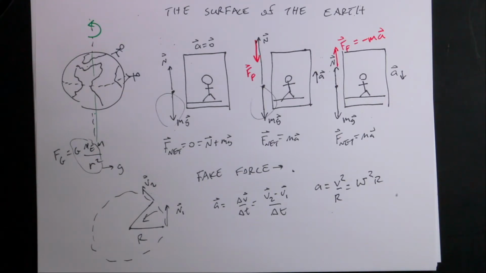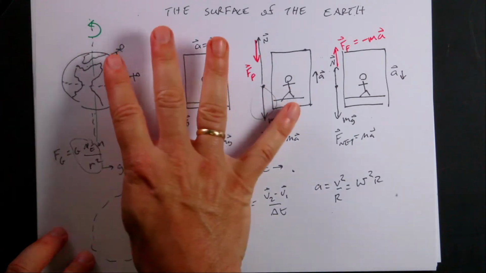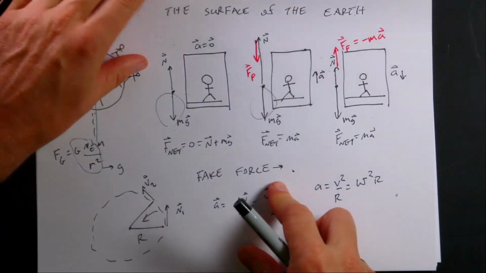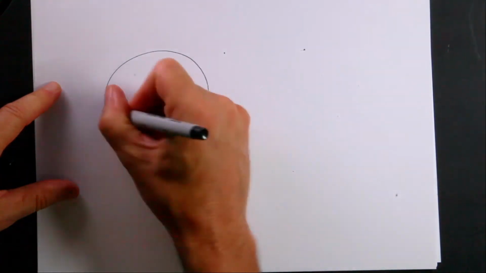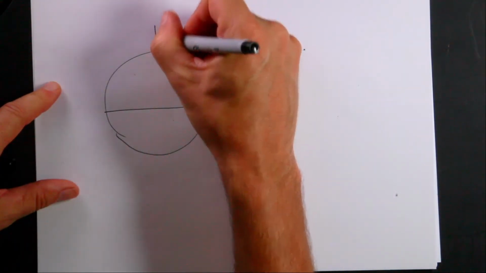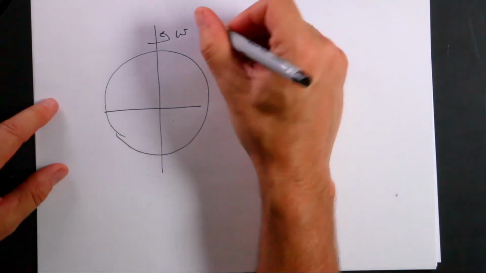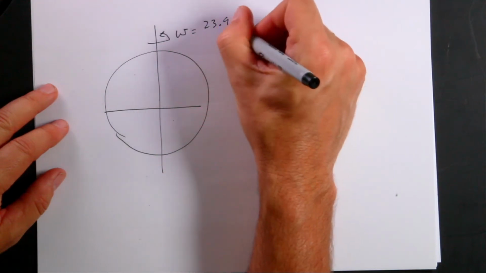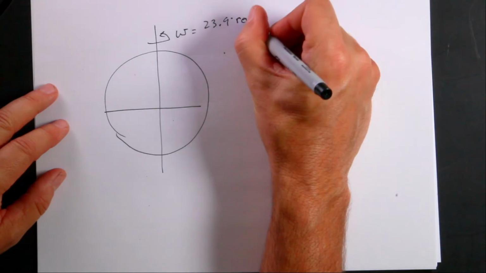Okay, so what I want to do is draw a force diagram for both of these people with the fake force, and then we can solve for the normal force. So let me just redraw the Earth, the whole Earth. So here's my Earth. It's rotating this way with omega. And we know that omega is actually 23.9 revolutions per day.